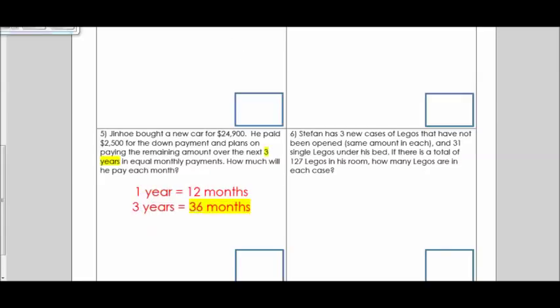Okay? 1 year is 12 months, so over 3 years he's going to be paying for 36 months. So there should be a 36 somewhere in your equation. Okay? Not a 3. We're talking about months, so it's 3 years, and then 36 months are in those 3 years. Just a helpful hint.